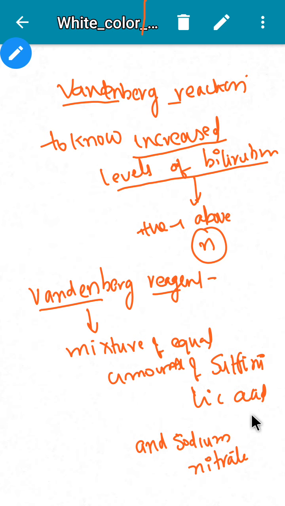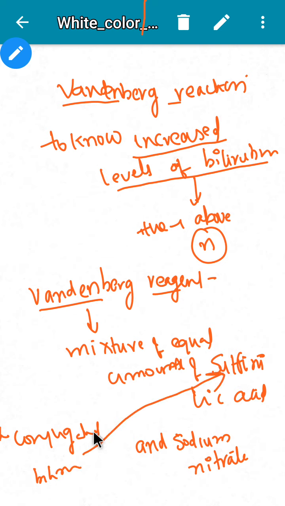The principle of this test is that conjugated bilirubin reacts with sulfanilic acid and gives a purple color.